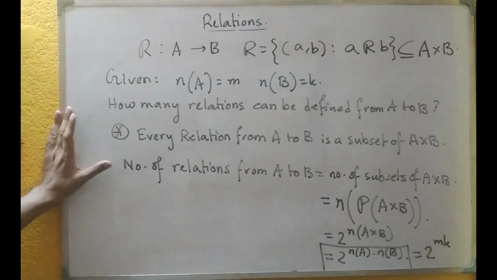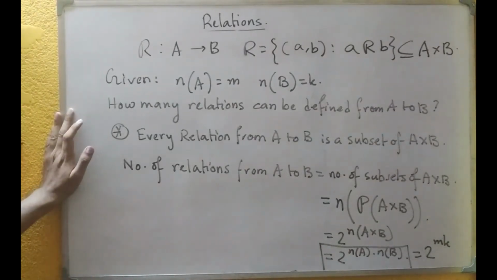So this is the number of all the relations that can be defined from A to B.